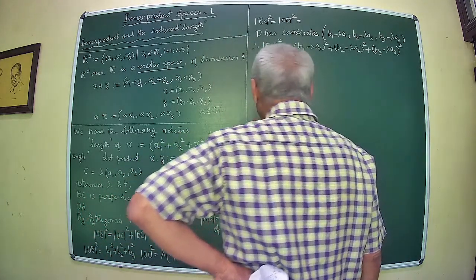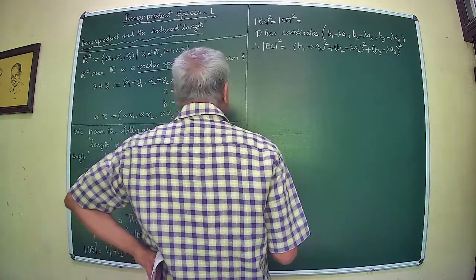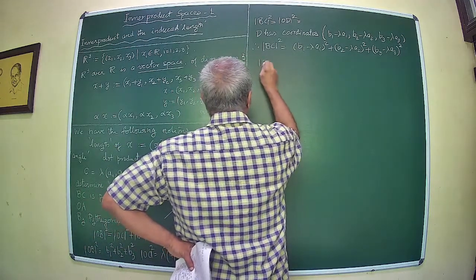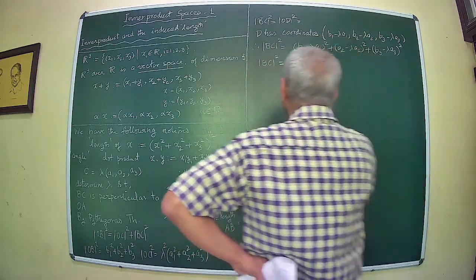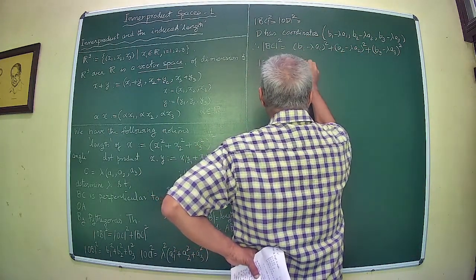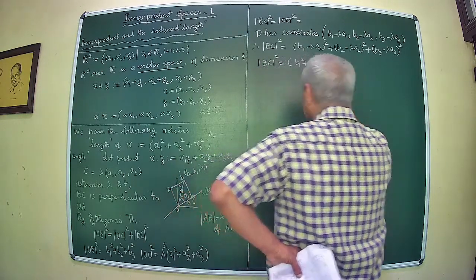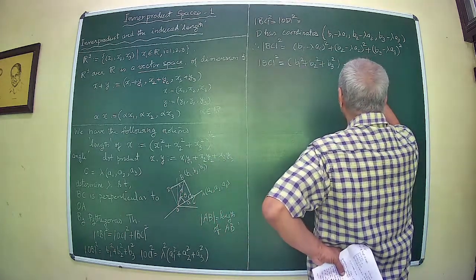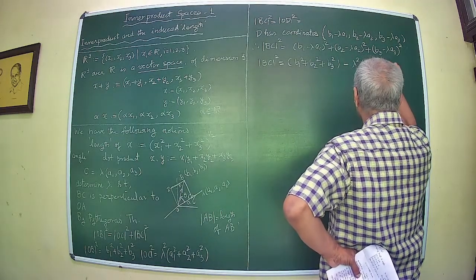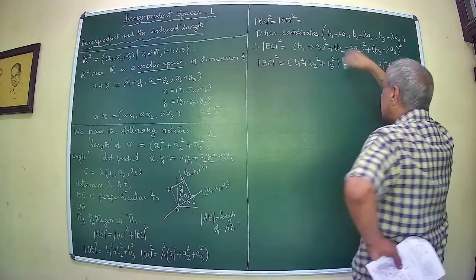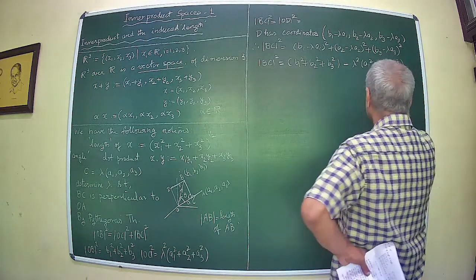Another expression for BC square is B1 square plus B2 square plus B3 square minus lambda square times the sum of squares of A. So these two should be equal. This is from the Pythagoras theorem.